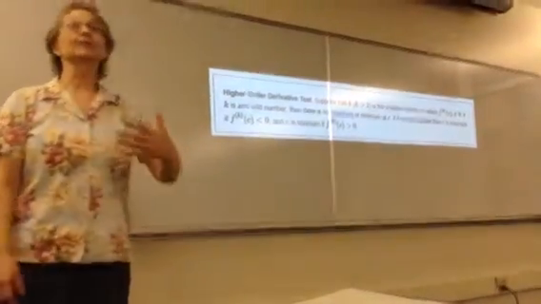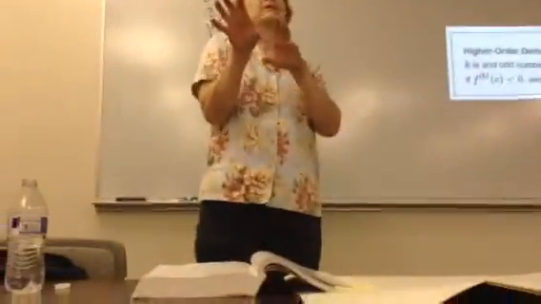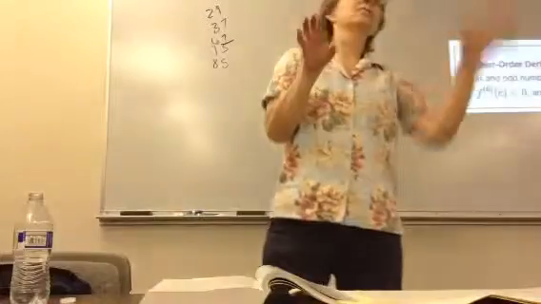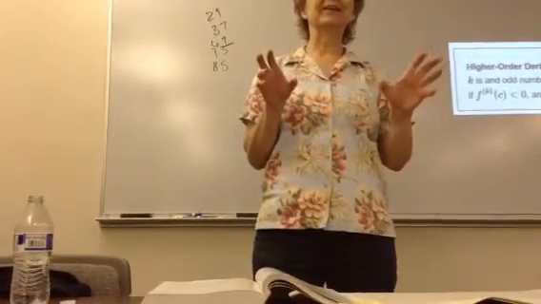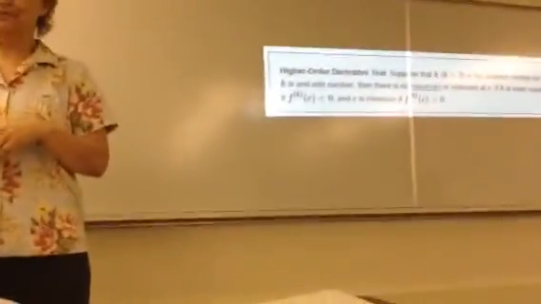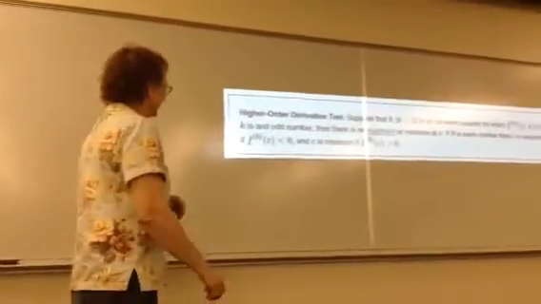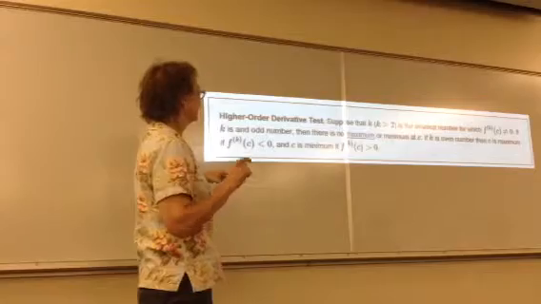So what you do is you take the derivative, and again, and again, until you get to the point where, when you plug the critical number in, the output value is not 0. Then you look at how many times you had to take the derivative.